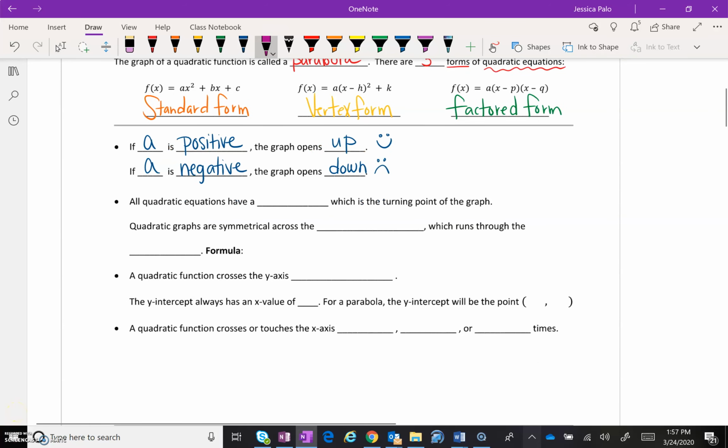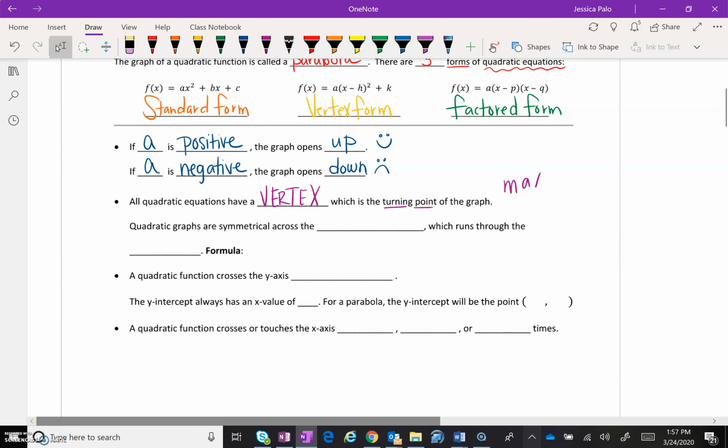All of our quadratic equations have a vertex, which is the turning point of the graph, meaning it's the highest, the max, or the lowest, the min, point of the graph. It's where the baseball starts going down toward the ground, or where the dude on a pogo stick leaves the ground.